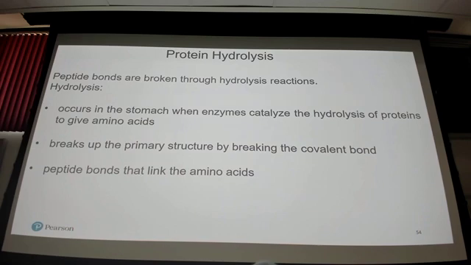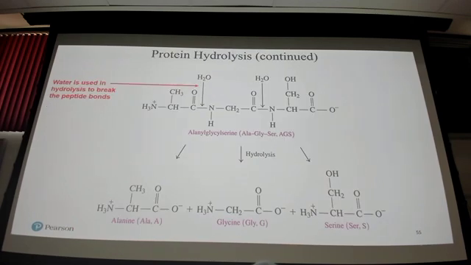Protein hydrolysis breaks down the primary sequence of amino acids, meaning it breaks down the peptide or amide bond. When that bond is formed, it's a dehydration reaction, so of course, in order to break it, we add water back to it.